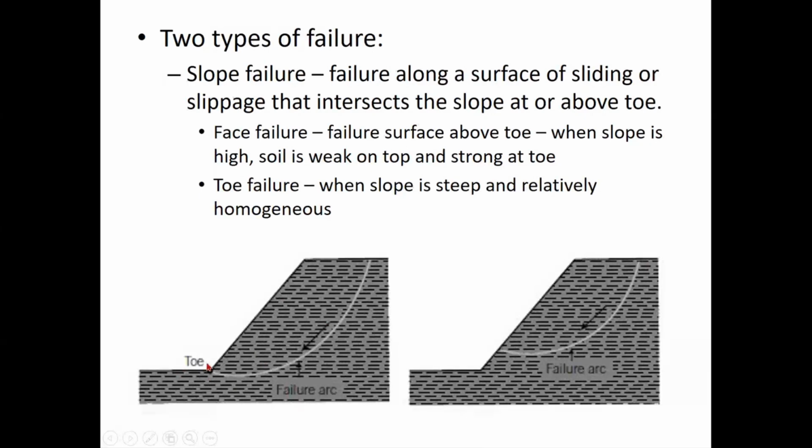All right, clear? So when the soil is weak above the toe and strong at the toe, you can expect a face failure. When the soil is pretty much homogeneous and the slope is steep, you can expect a toe failure. So these two are called slope failures, where the failure surface intersects the face of the slope at or above the toe. Okay. Then I have a base failure.